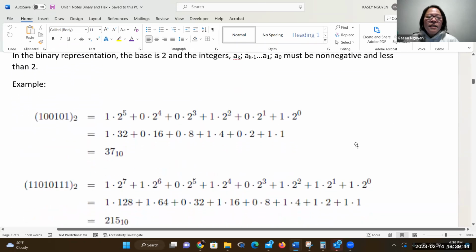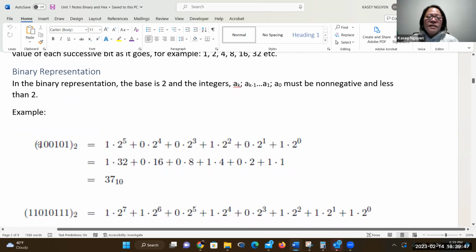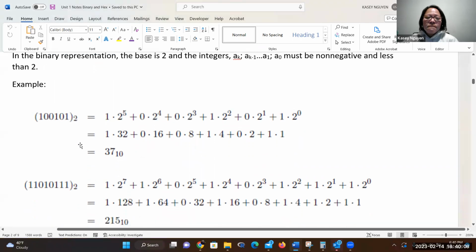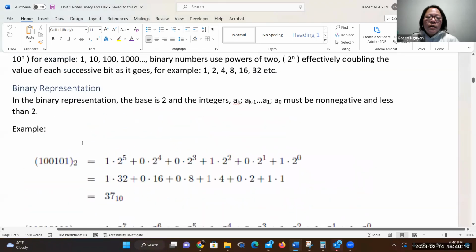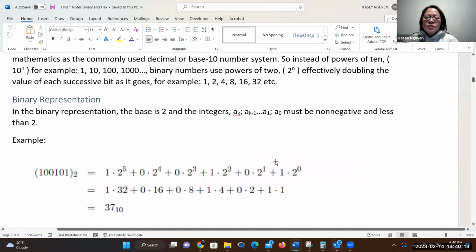In the binary representation, you often see a group of values of 0s and 1s like this, and they use a small 2, so you would know that it's a base 2 number system. In C or C++ or Java, when you define a variable, you would say int, and let's say I want to name my variable variable1.